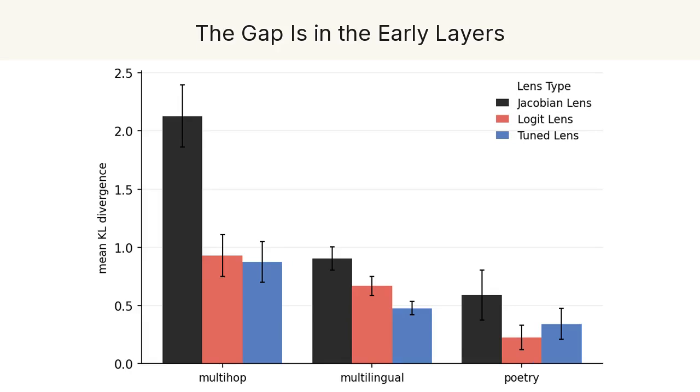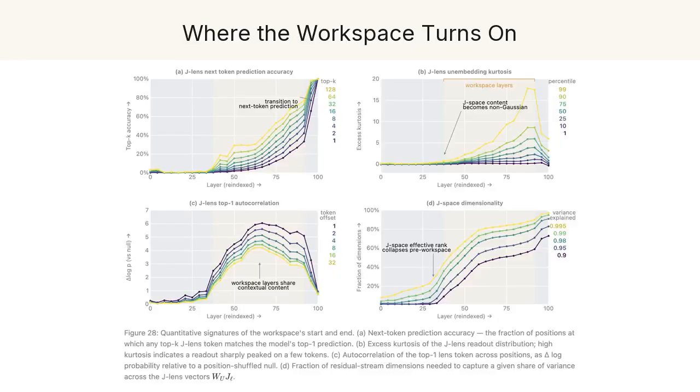So where, physically, does the workspace live inside the network? It has a clear beginning and end, with real quantitative signatures. In roughly the first third of the model, the lens readouts are noise. There's no coherent workspace yet. Then, over a fairly narrow band of layers, several things happen at once. The readout distribution sharpens, becoming spiky rather than flat.